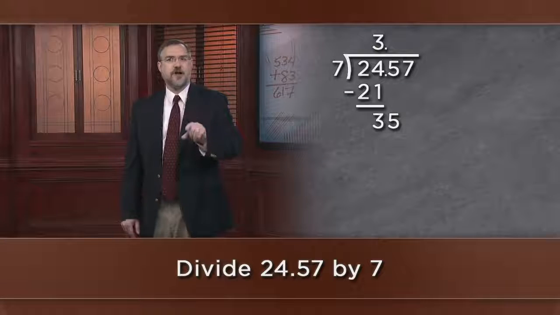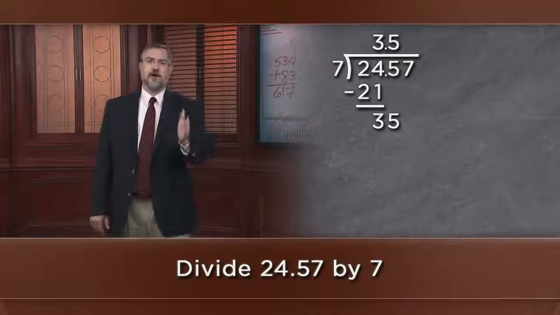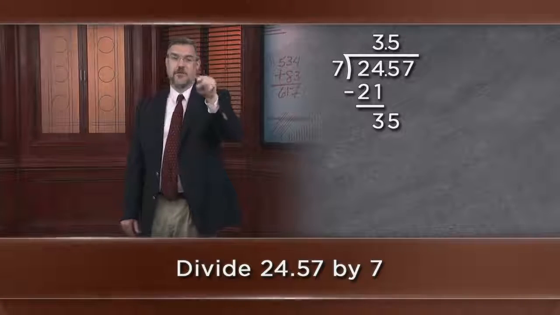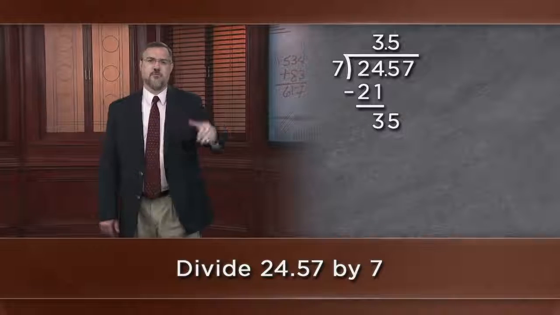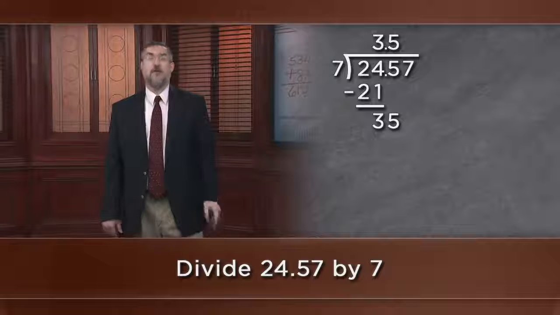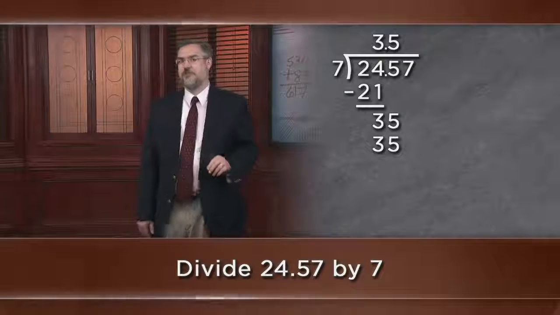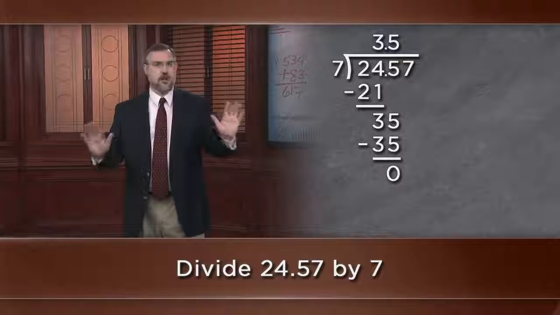How many times does 7 go into 35? Well, it goes in exactly 5 times. So I'm going to write a 5 in the answer section above the 5 that's in that dividend. That was the last digit that was in play as we were working out this step of the problem. We then write a 35 below the 35 that's already there, because 7 times 5 is 35, and we subtract. That gives us 0. It's not a problem.